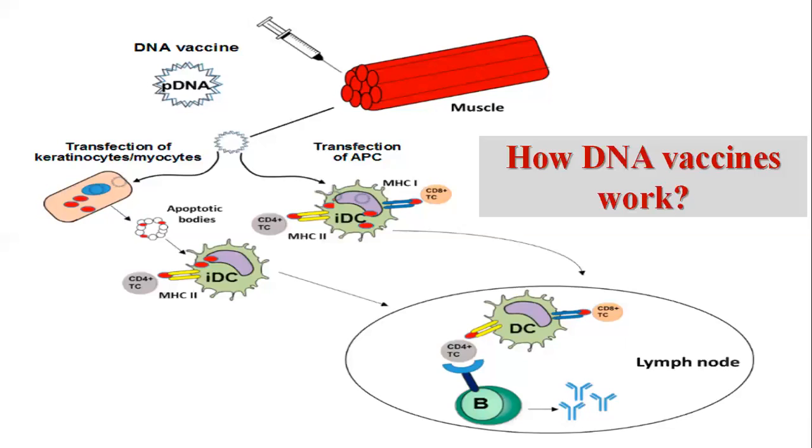So this material is endocytosed by immature dendritic cells. Here you can see they are endocytosed by this IDC, immature dendritic cell.